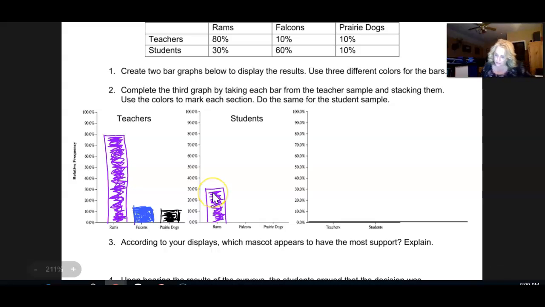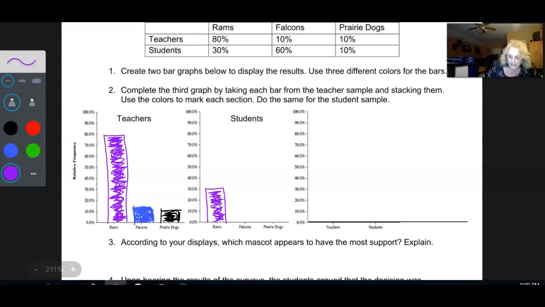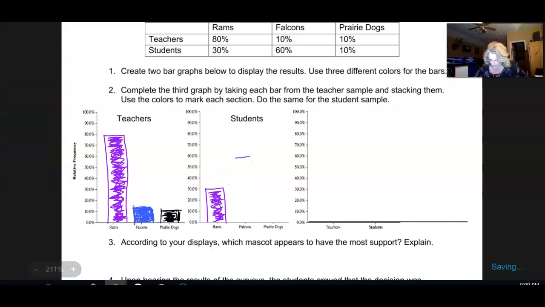And then 60% said Falcons. And Falcons was in blue. So we're going to do Falcons in blue, and they said 60%. Okay. I'm just scribbling for you.